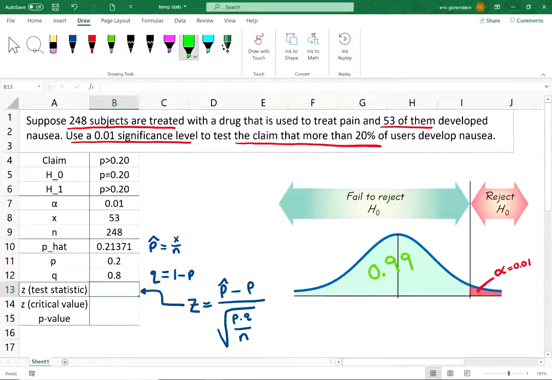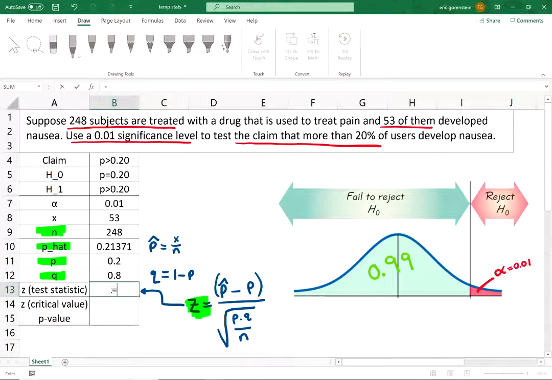So these four values are going in for the Z. And I'm actually going to use parentheses when I type it into Excel. So I make sure Excel is following order of operations. So I'm just going to type this formula into Excel next to test statistic.